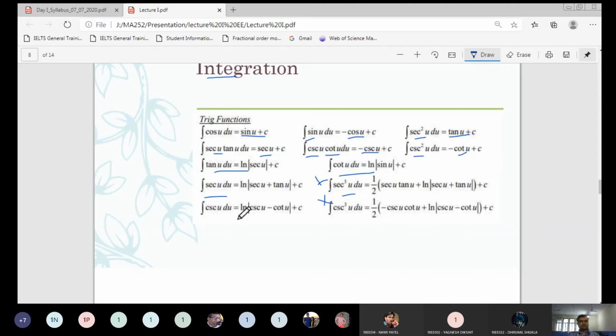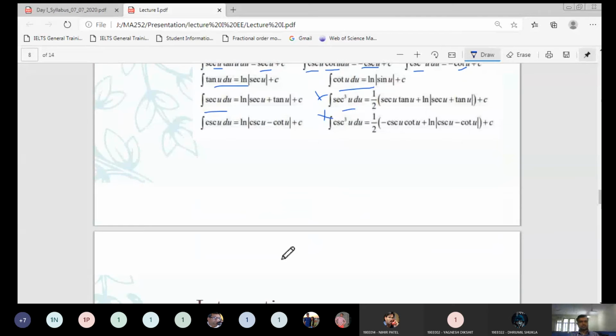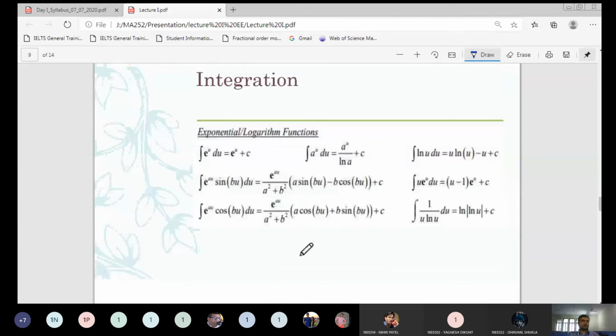Integration of cosec u du will be log cosec u minus cot u plus c. Any problem in integration of trigonometric functions? No, sir. Good, thank you.